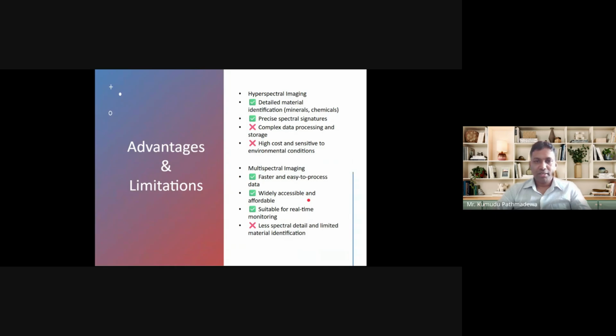Multispectral imaging is affordable, easier to process, and suitable for broad land cover applications. But it lacks spectral detail and may misidentify materials due to broad bands. Due to the size of a band, it may misidentify the materials.